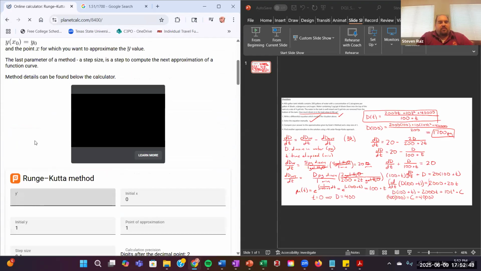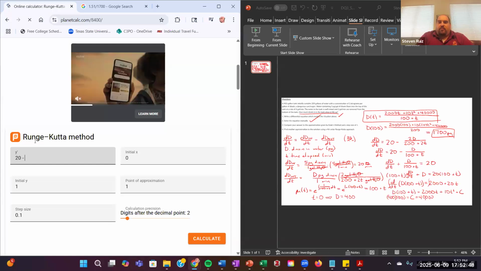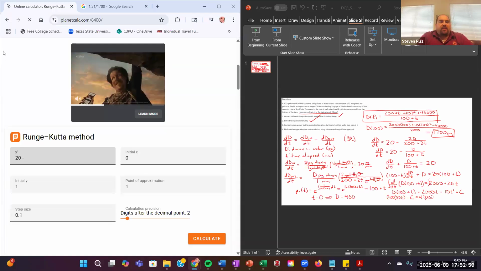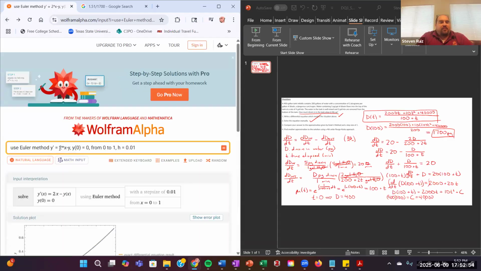Y prime equals 20 minus, oh wait, I didn't give it an initial condition, did I? That's exactly what I messed up. So now that I realize my mistake, not the program's mistake: 20 minus y over 100 plus x, y of 0 equals 400 from 0 to 100, h equals 1.